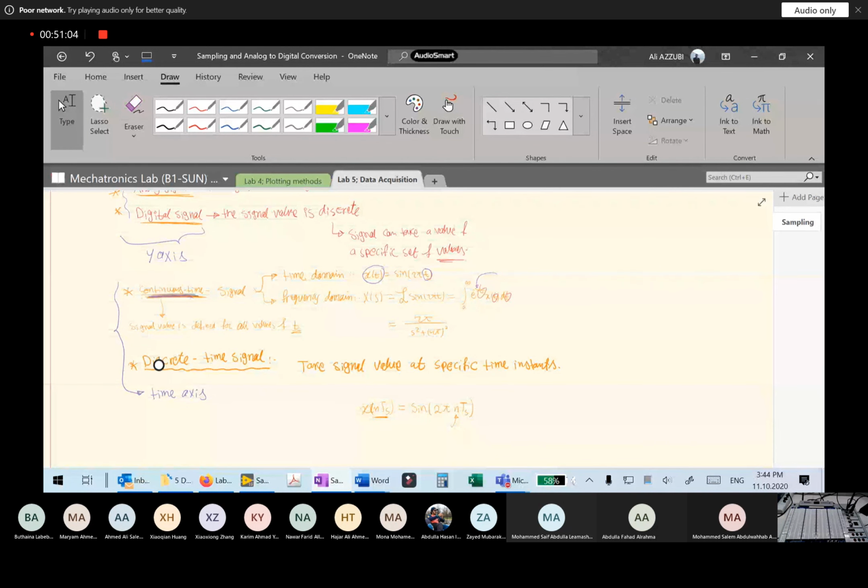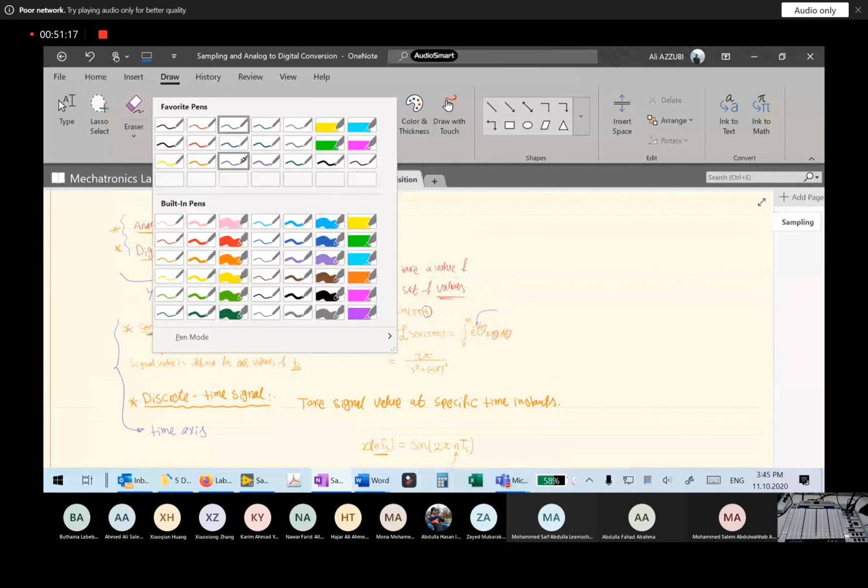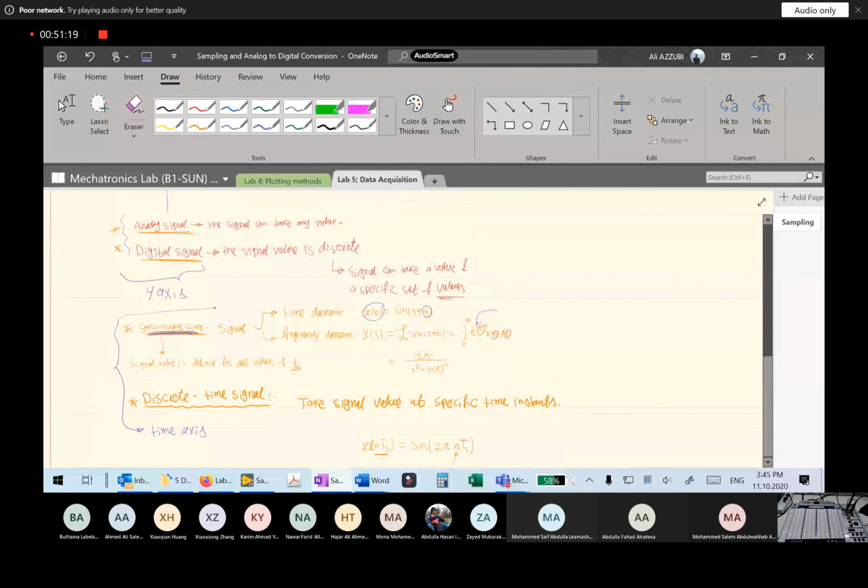Now from the engineering perspective, this is the discrimination. If you are discretizing time, you are working here. So your signal is either continuous time or discrete time.